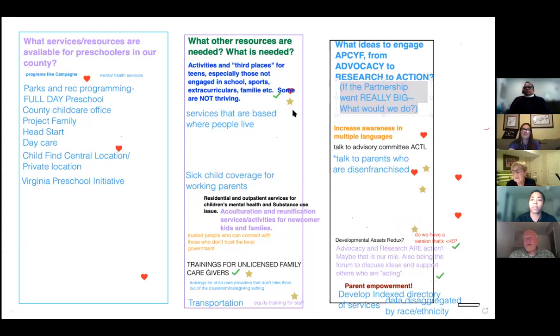And I think in the past we've used the data from the surveys to focus our priorities. But I think we still need to figure out as a group what our priorities are.